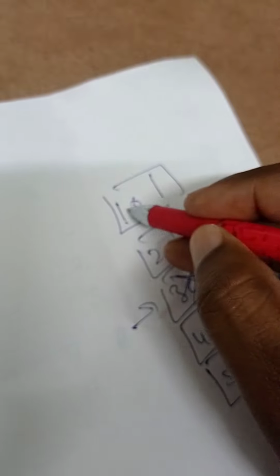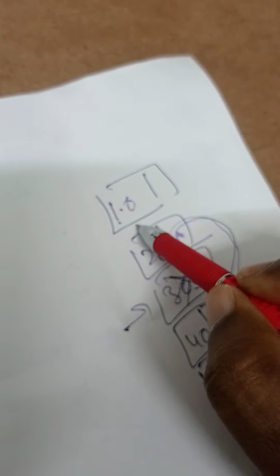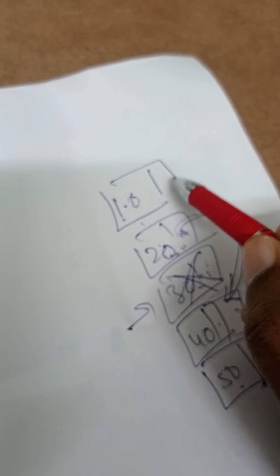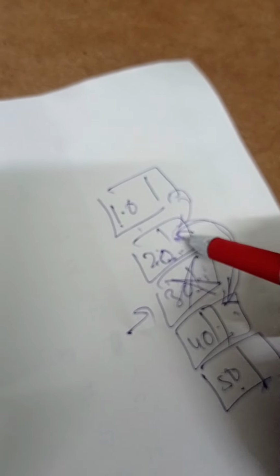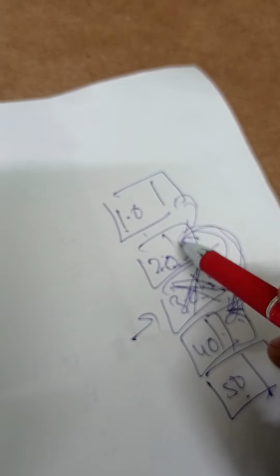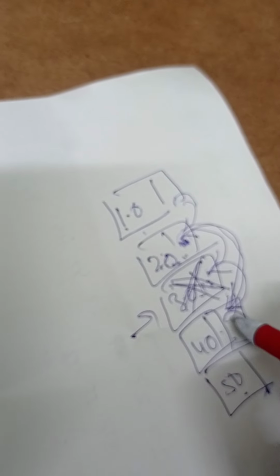You know that the node contains the data field and the next field or link field. This will tell we have to store the 20 in this location, this will tell that the 30 has to be stored in this location, this will tell it has been stored like this. When we remove this, this address or link should not point to this, instead it has to point to this.